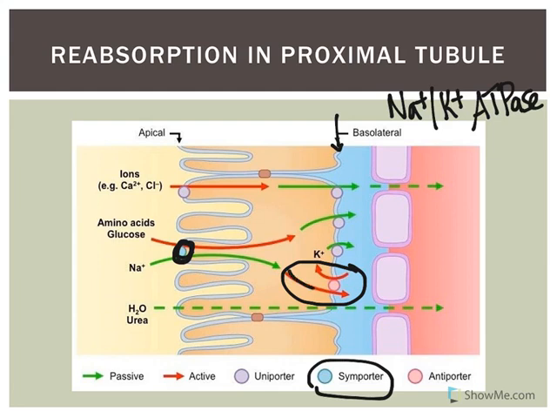Sodium is being pumped out here, keeping the concentration in here low, so it's driving that movement of sodium. And since we have this co-transporter that can bring in something else like glucose, the other substance is going to come along with it. So technically what you're seeing over here is an example of secondary active transport.